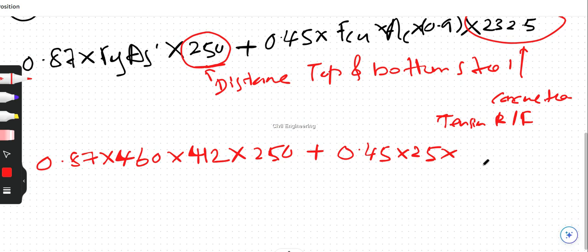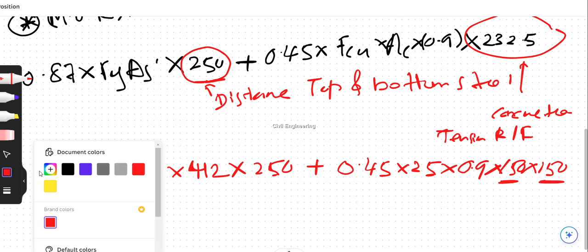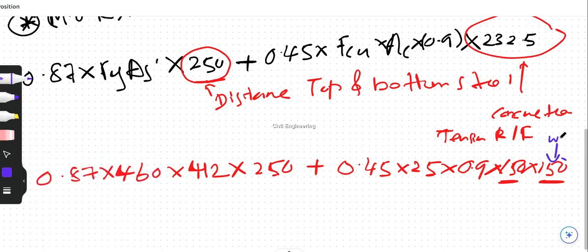Ac here is the area of the compression zone, that is 0.9 into 150 into 150. This 150 is the width and this one is x. x means the neutral axis, the depth of the neutral axis.